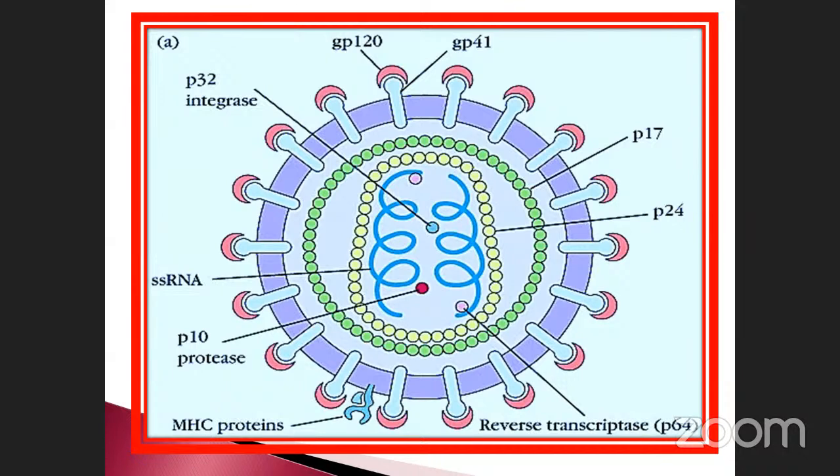You got it? So single stranded RNA molecule, how many copies? Two copies. This is called P10 protease. This one is called reverse transcriptase, the protein molecule 64. It may denote the amino acid sequence, I think. See here the two transcriptase enzymes are also there. Listen.